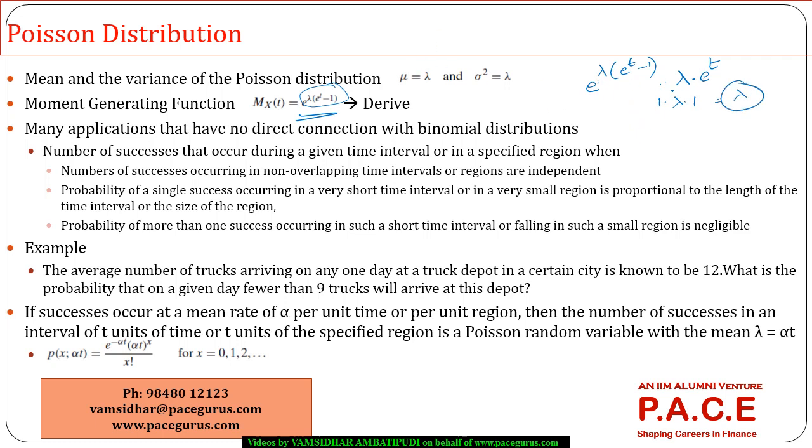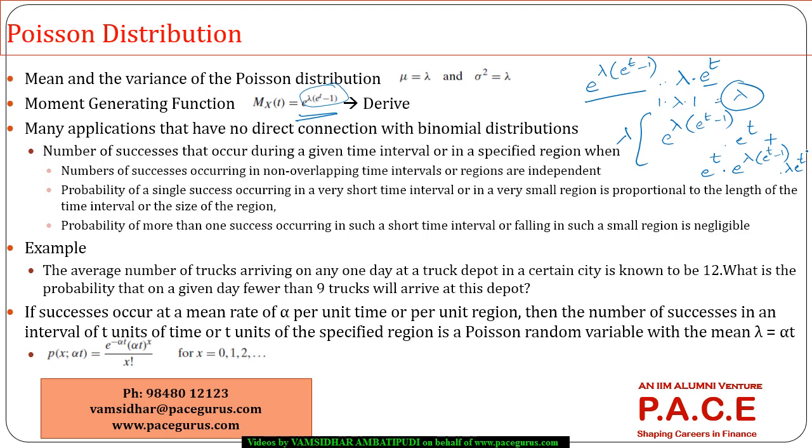Now let me take the second derivative. Take out the lambda altogether. This multiplied by this, so this becomes e power lambda e power t minus 1 into e power t, plus e power t into e power lambda e power t minus 1 into lambda e power t.